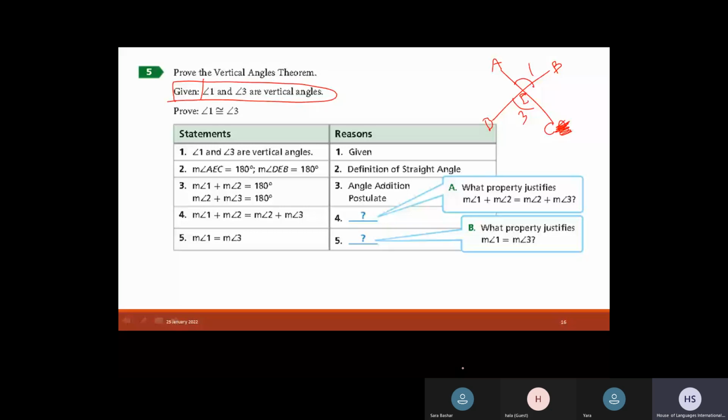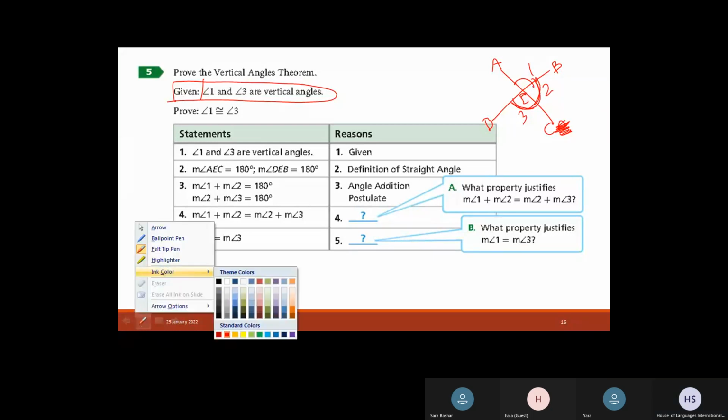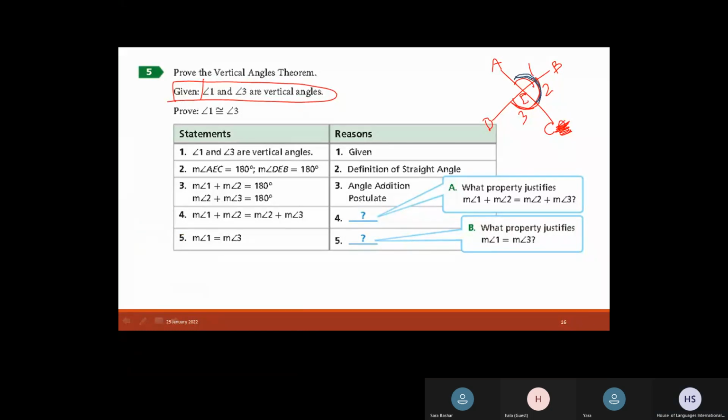Now, she told us that you want to prove that 1 and 3 are equal. What do you say? 1 and 2, they make a straight line, a straight angle, so they are 180. 2 and 3 is also making a straight line, so they are 180.